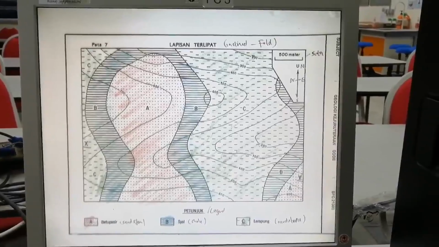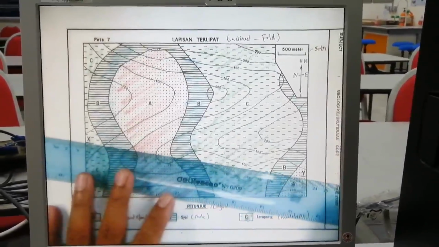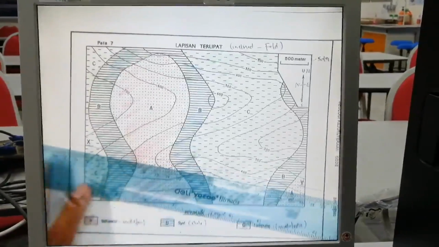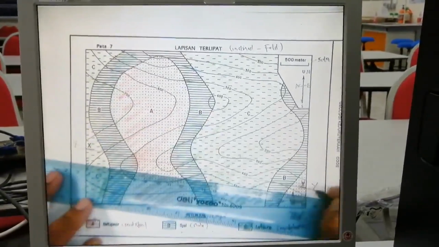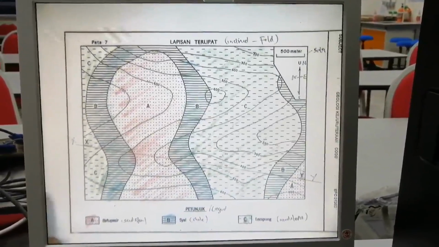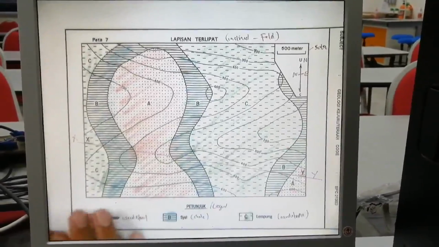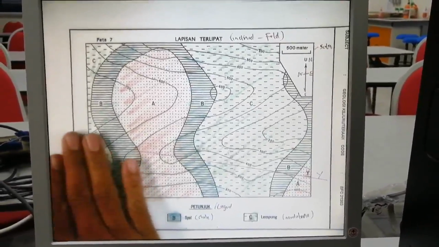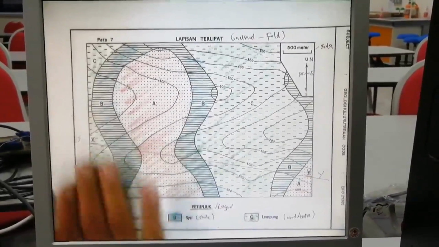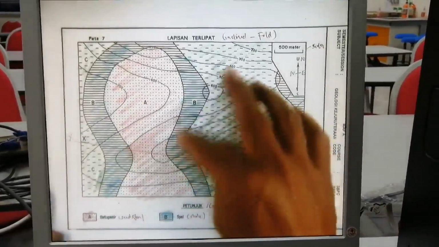To draw this cross section, your task is to draw the cross section between X and Y. This geological map shows you the distribution of rocks: on the west side we have mudstone, shales, and in the middle area is sandstone, and repeated we have shale.